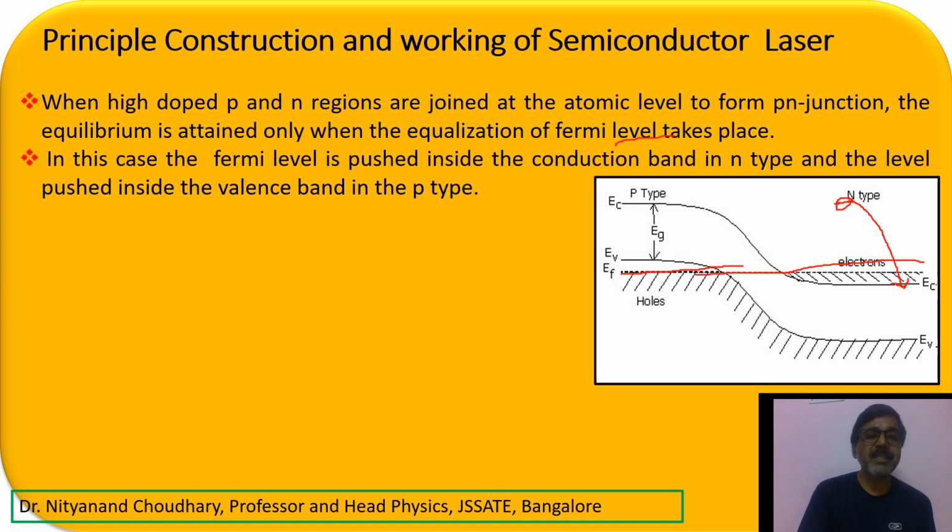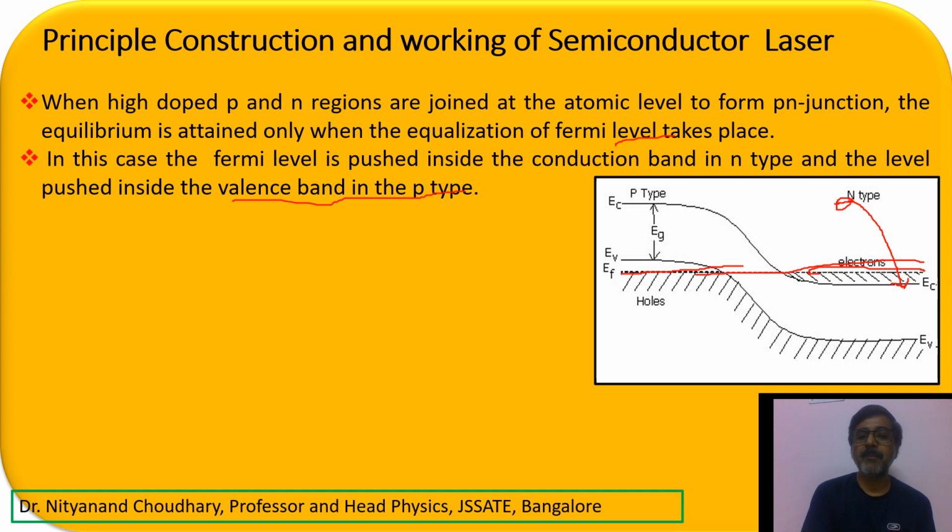In this case, the Fermi level is pushed inside the conduction band in n type, right? As you can see, the Fermi level in the n type has come inside your conduction band. And in p type, it has been pushed towards the valence band.